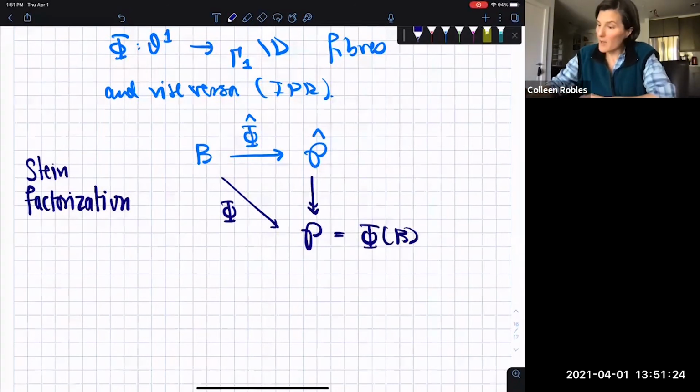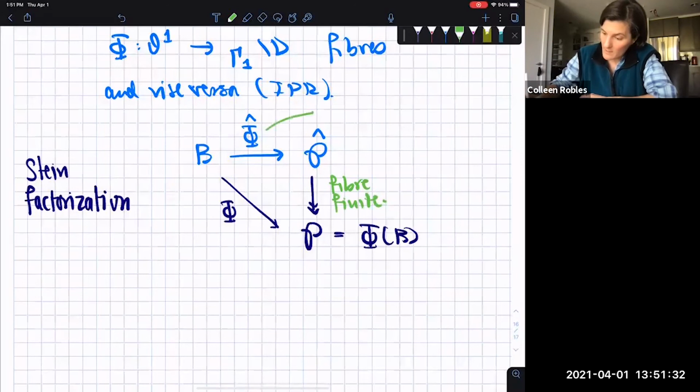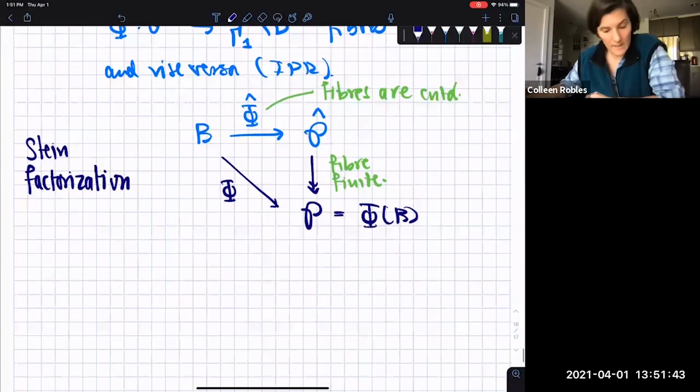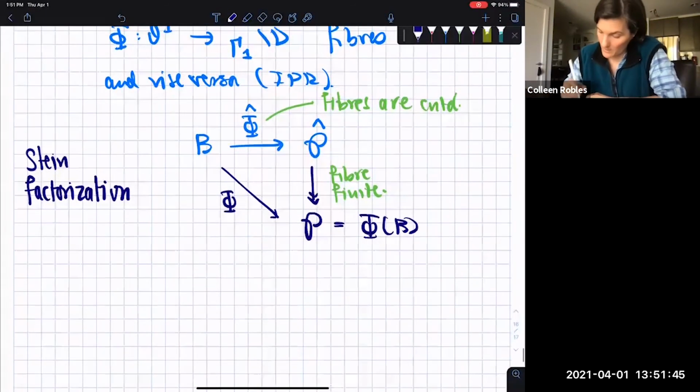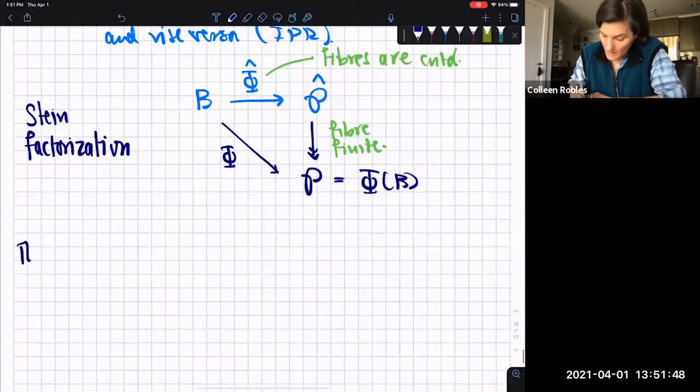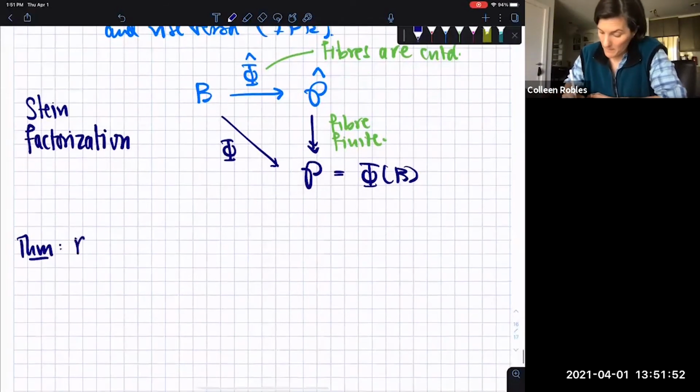And then the point here is that the fibers are finite, and here that the fibers are connected, which I need since I'm working up to constants of integration. Okay. So now we're talking about a finite cover of the image of the period map, and we're going to assume that gamma is neat.